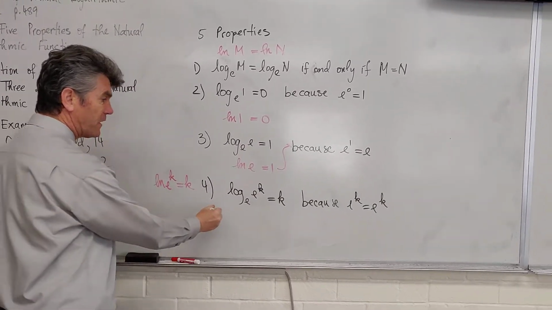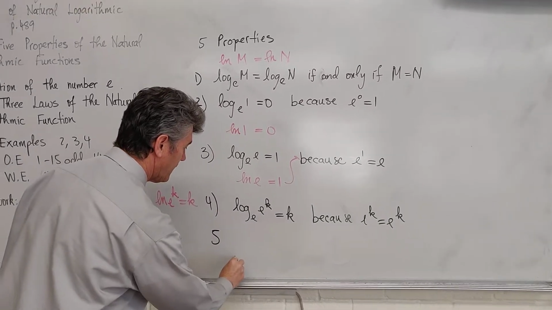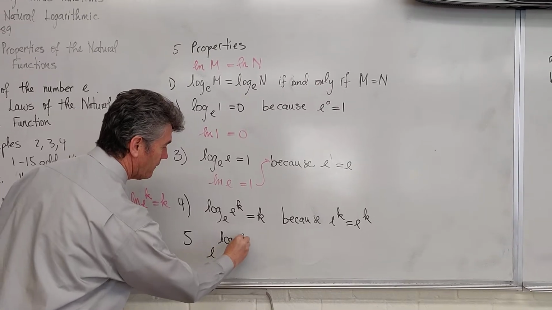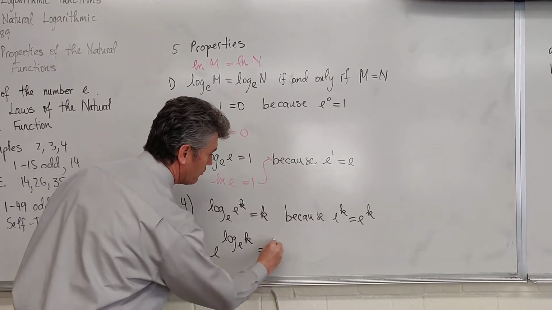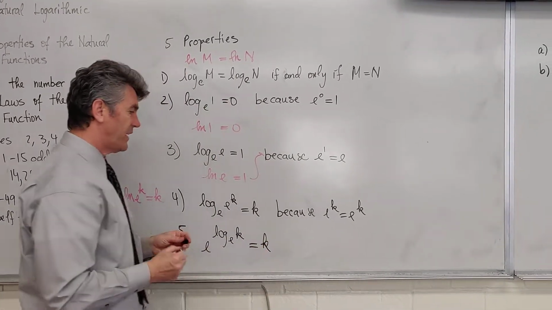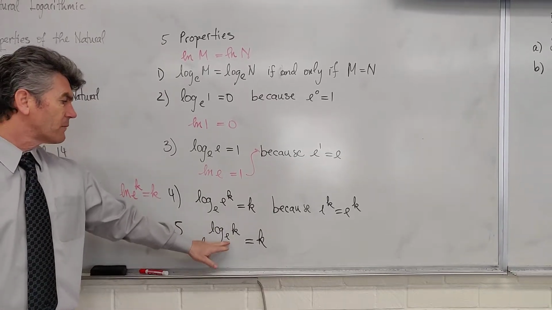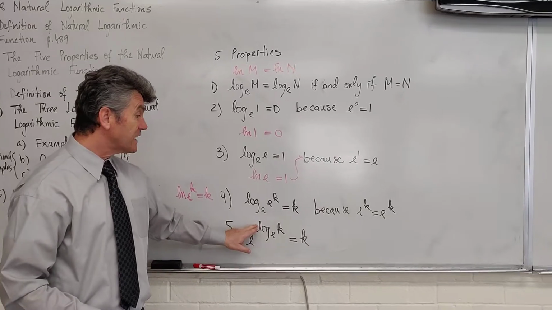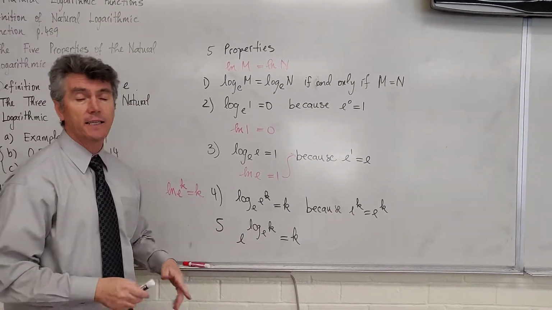Continue. The 5th property is e raised to the power of log base e of k is equal to k. I'm going to write the explanation. Log of k with a base of e, a logarithm is an exponent. This is the exponent to which you raise e to get k.